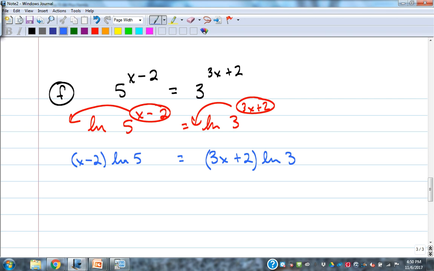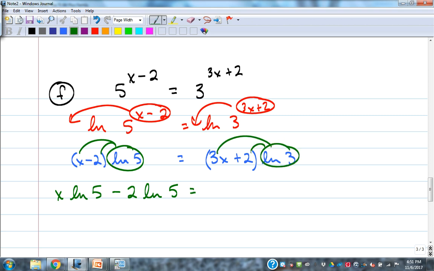So you take this, see that it's just a number, and use the distributive property. I'm distributing: x times the natural log of 5 minus 2 times the natural log of 5. Same thing over here: 3x natural log of 3 plus 2 natural log of 3.